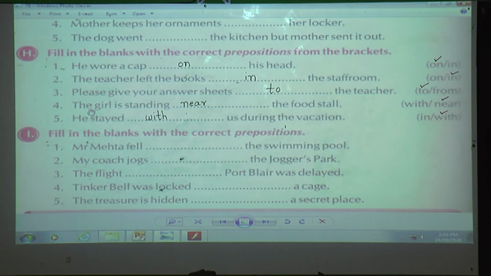But what is the difference in exercise I? They have not given us any hint about which preposition you are going to use. So you have to read the sentence and see which preposition will fit in it. Okay, shall we start, students, with exercise I? Filling the blanks with the correct preposition. Ready?